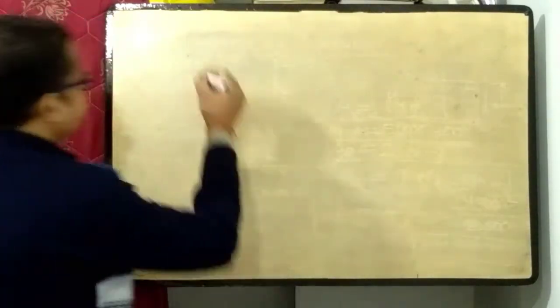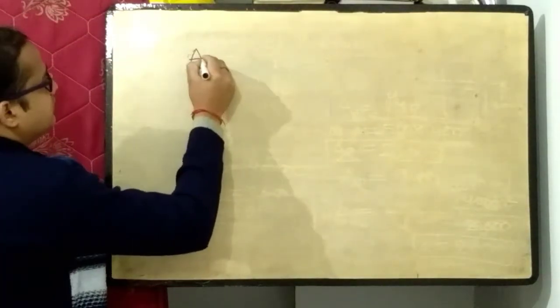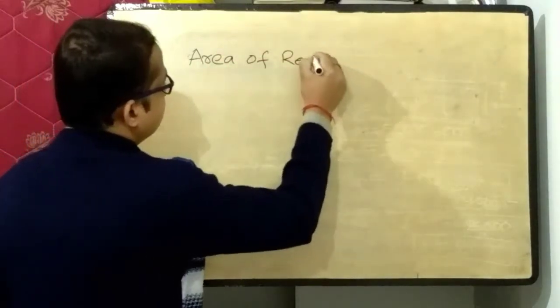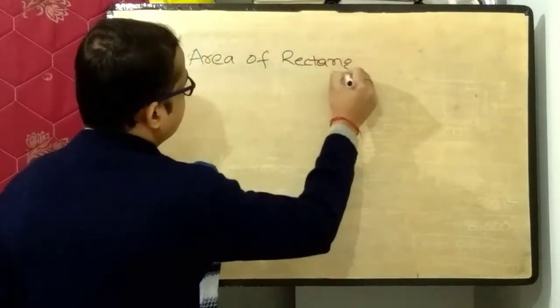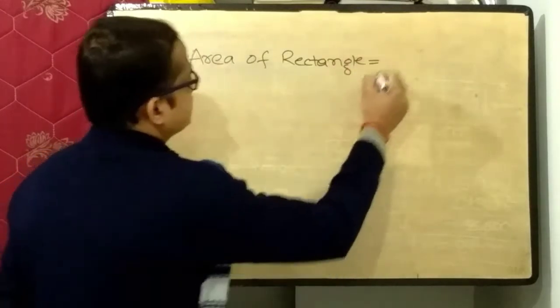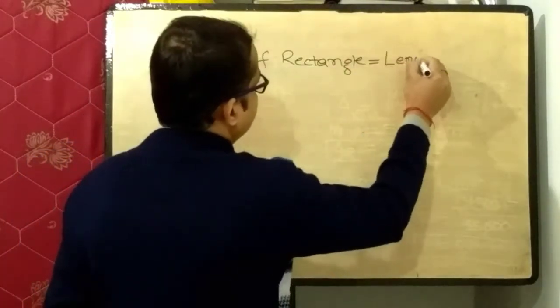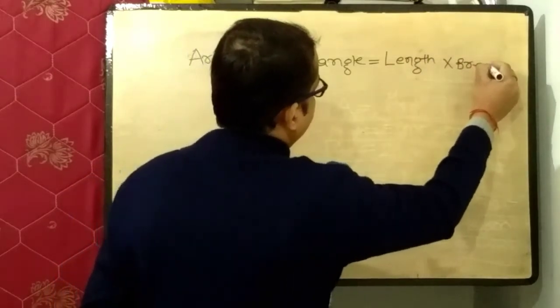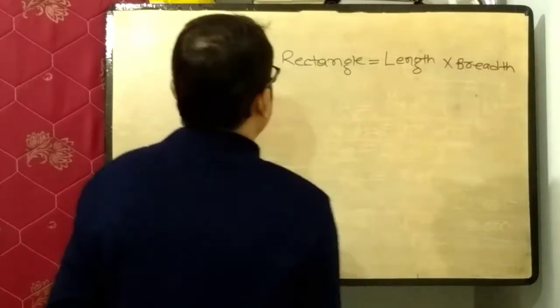So what is the conclusion? Area of rectangle equals length multiplied by breadth.